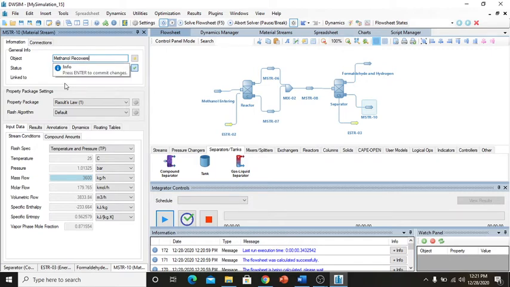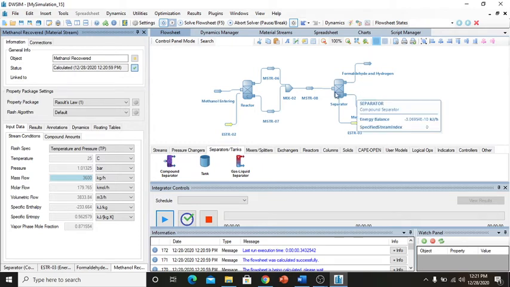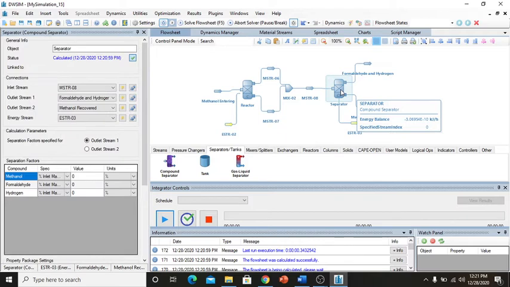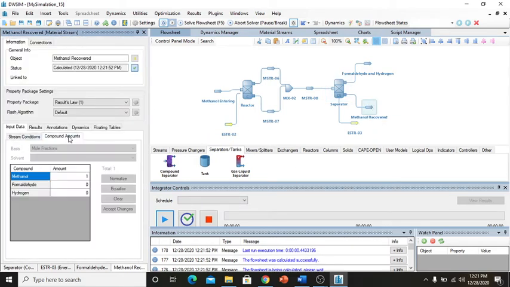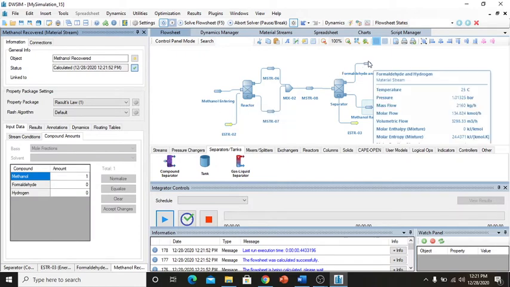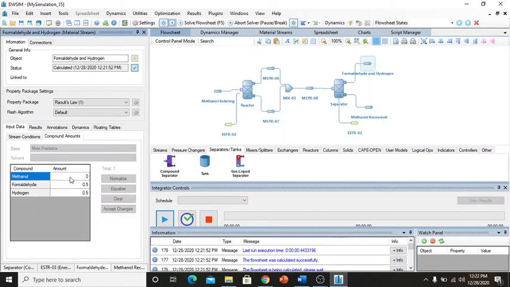To specify that it should have 100% methanol and the rest here is the formaldehyde and hydrogen only, we will be using the calculation parameters for the separator. Separation factor specified for the outlet stream 2, which refers to the methanol recovered. Let's have the value be 100%. Okay, so let's check. Methanol recovered is 1, and the formaldehyde and hydrogen have equal amounts.